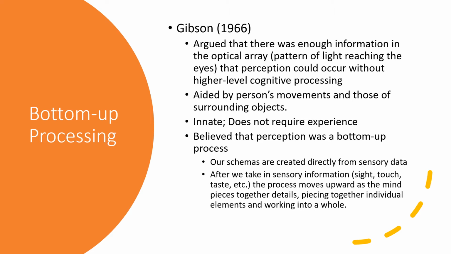We can make sense of something without having to think about all the things that we would tie into that, and without having to use some higher order thinking or higher order deciding skills in order to perceive them and process them. And it is aided by a person's movements and those of surrounding objects. And to Gibson, this was an innate experience.